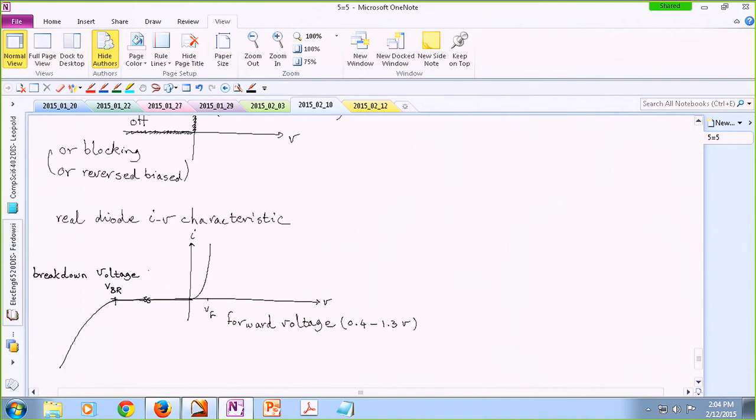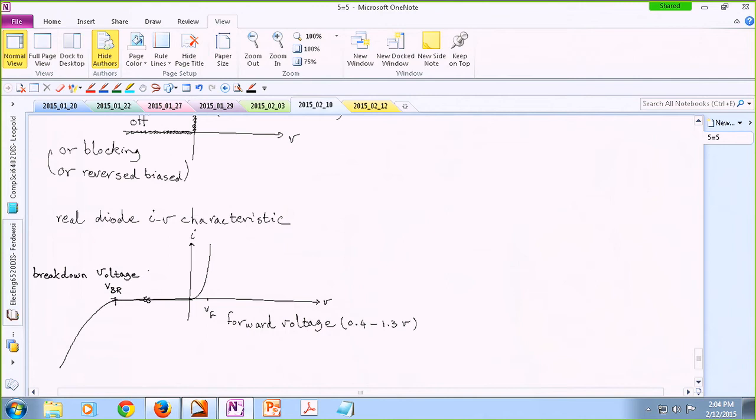The higher this breakdown voltage, the more expensive probably the diode is going to get. Forward voltage drop is going to grow if the breakdown voltage grows. So the forward voltage of an 80 volt diode is smaller than the forward voltage of an 800 volt diode, something like that. And probably the diode is going to get a little bit more expensive.